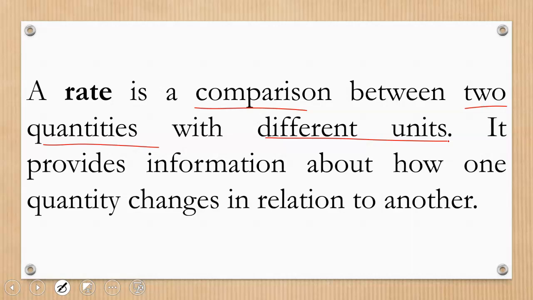I mean, they are all quantities which we can calculate. Now, when we pick two quantities and we want to compare them and they don't have the same unit, then we can use rate to do that. It provides information about how one quantity changes in relation to another.